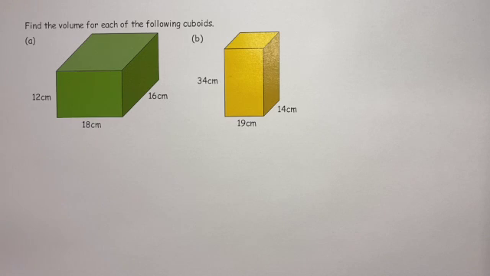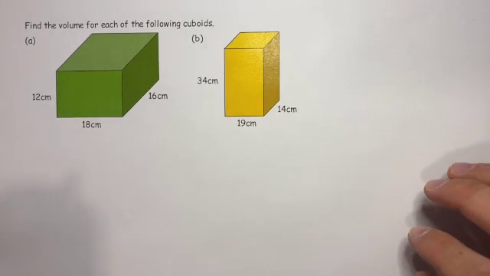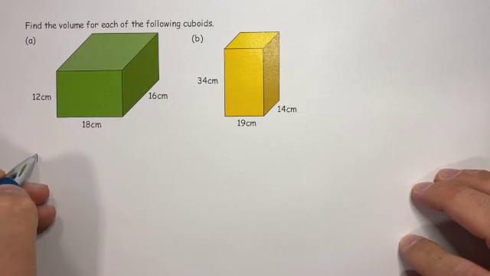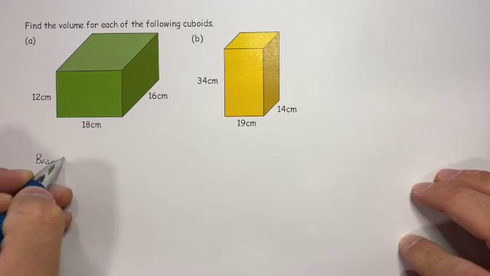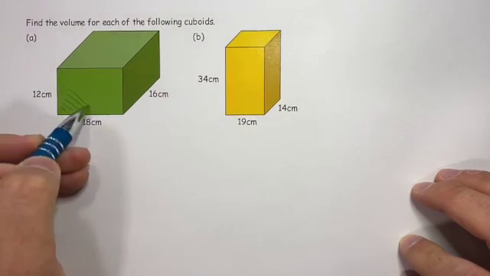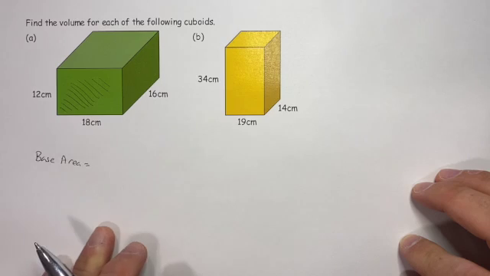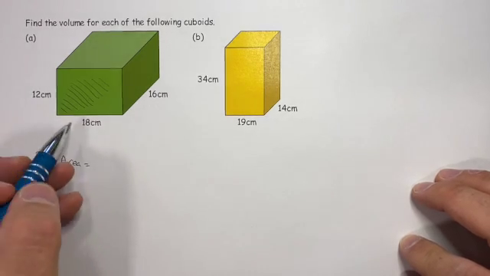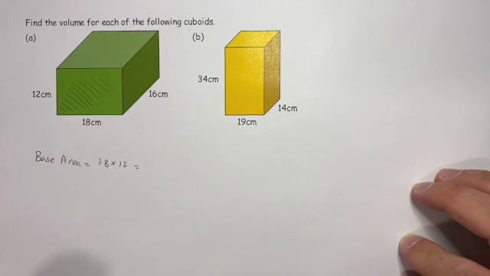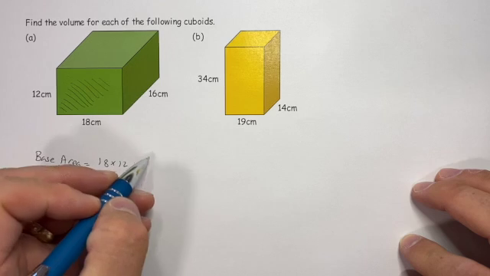Okay, so to work out the volume of these using the method I've just said, I would start by working out the base area. So the base area of that first one, if I take that to be the end area, is 18 by 12, so 18 times 12, length times width, and 18 times 12, calculator or otherwise, is 216.